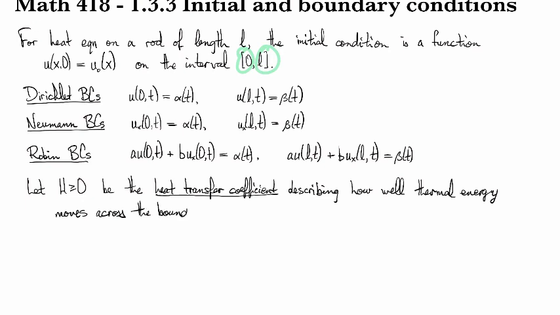Okay, and so we talked about the diffusivity constant K before. So K talks about how well thermal energy can move around inside the object. H is how readily it moves from the inside of the object to outside.